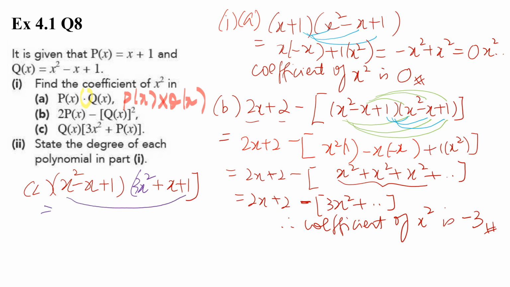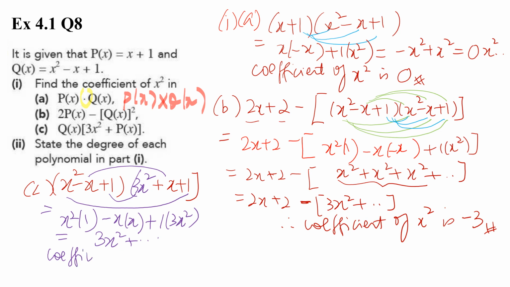Take this one, multiply with this. And then this one times this. And this times this. So that will give you 3x squared. So here, therefore, the coefficient of x squared will be 3. Alright, so that is part 1.